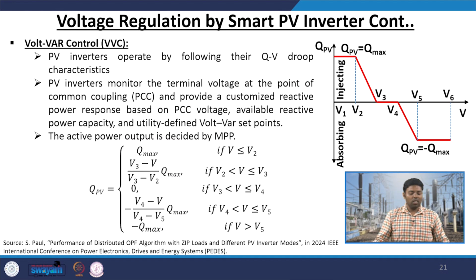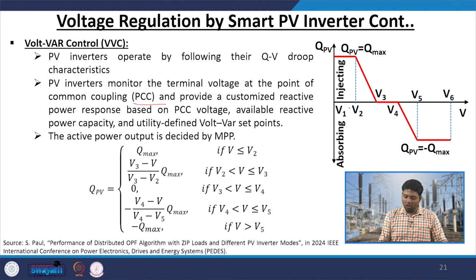Then the next is the volt-VAR control mode, where you will control the reactive power output from your PV inverter depending upon the PCC voltage. That means the voltage where your solar inverter is connected. Keeping that PCC voltage, you will regulate the reactive power output of the inverter.